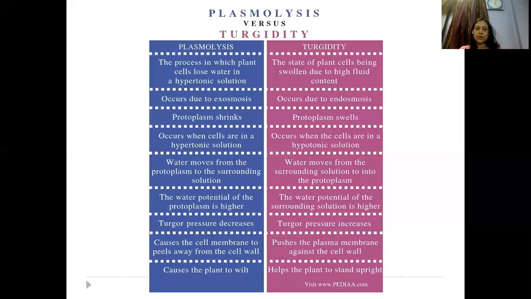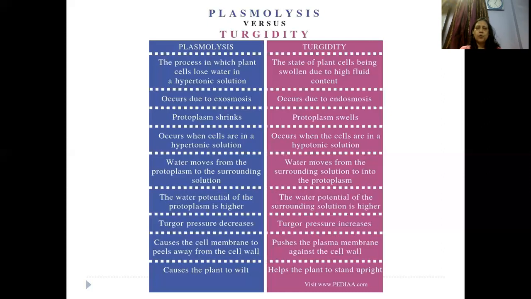It is exoosmosis. So it occurs due to exoosmosis. And what happens in turgidity? It occurs due to endoosmosis. Endo matlab entry, it enters inside. So the turgidity occurs due to endoosmosis.